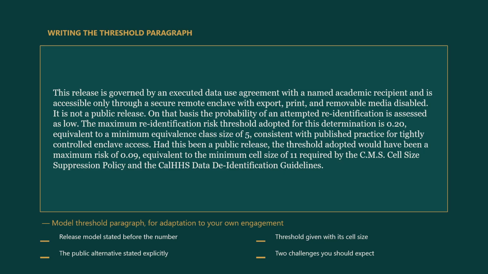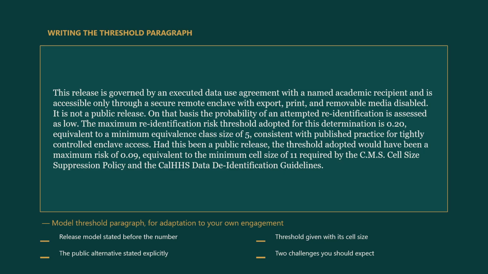It then gives the threshold, immediately translated into its cell size equivalent, so the reviewer does not have to do the division. And it closes with the counterfactual, what the threshold would have been for a public release, which quietly proves you knew the stricter benchmark and chose against it deliberately rather than out of ignorance. That last sentence prevents more arguments than any other.